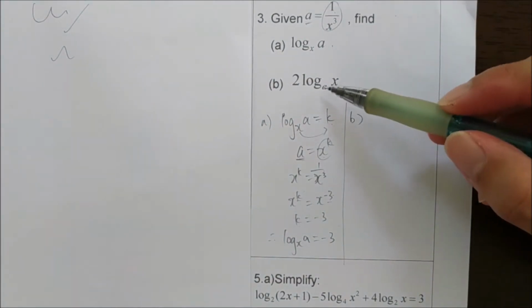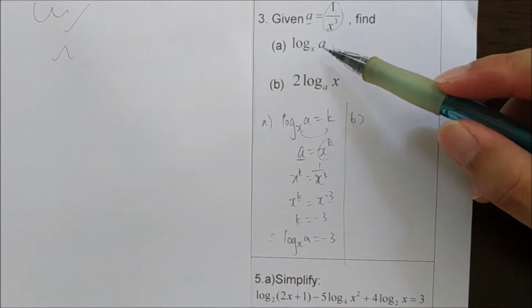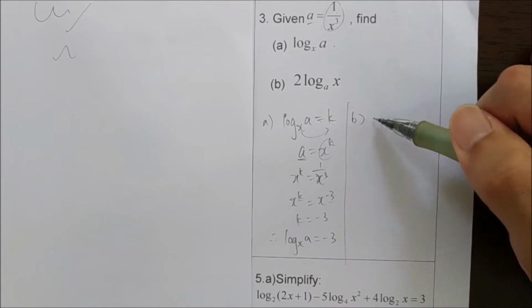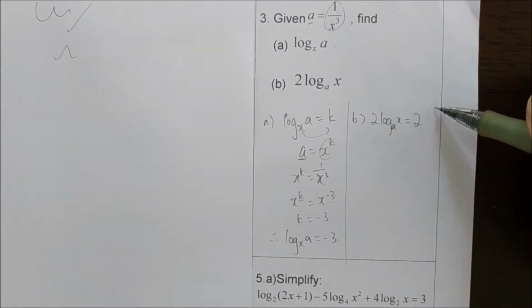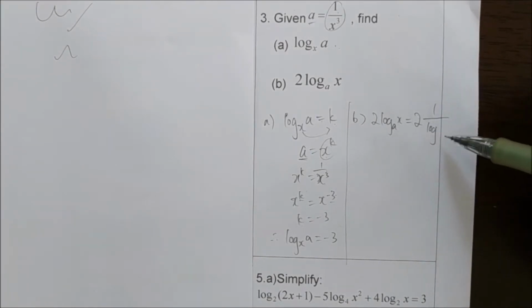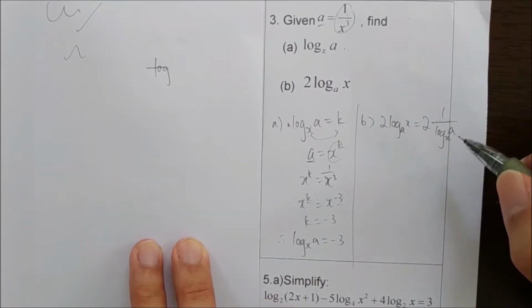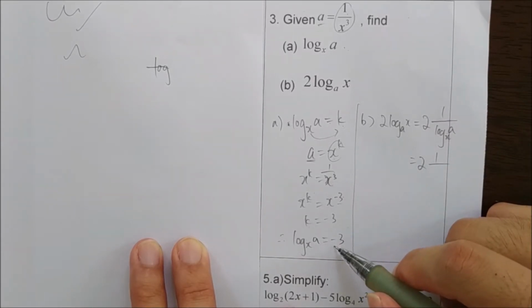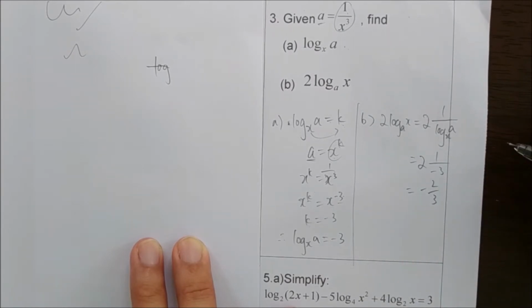Since we already know the value of base x log of a is negative 3, this one actually equals 1 over base x log of a, which comes from the formula of changing the base. So actually this is 1 over negative 3, which is negative 1 over 3.